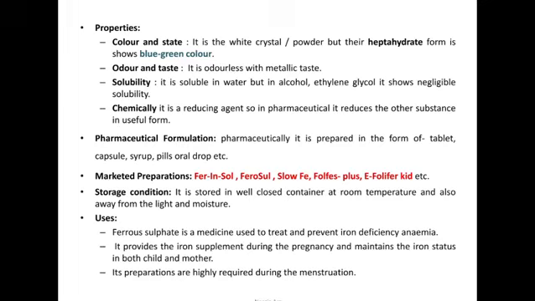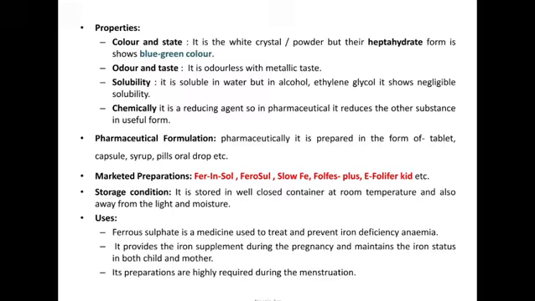Pharmaceutical formulation. Pharmaceutically, it is prepared in the form of tablet, capsule, syrup, pills, oral drops, etc. The marketed preparations are called Fer-In-Sol, Ferrocel, Slow Fe, Folfer Plus, E-Folifer kit, etc. The storage condition: it is stored in a well closed container at room temperature and also away from light and moisture.